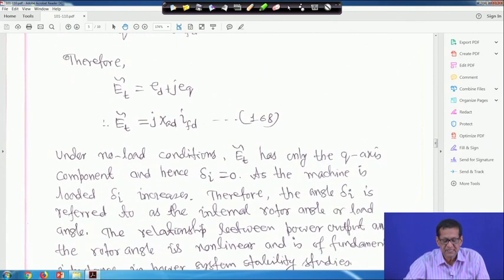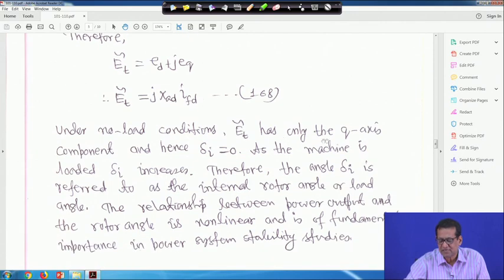Therefore, ET tilde is ED plus JEQ, but ED is equal to 0, so ET tilde will become JXAD into IFD. This is equation 168, right. So, under no load conditions, ET tilde has only the q axis component and hence delta is 0.